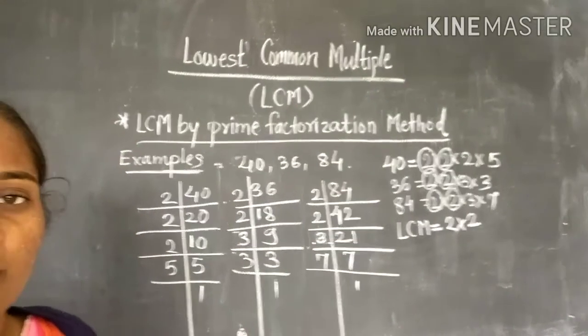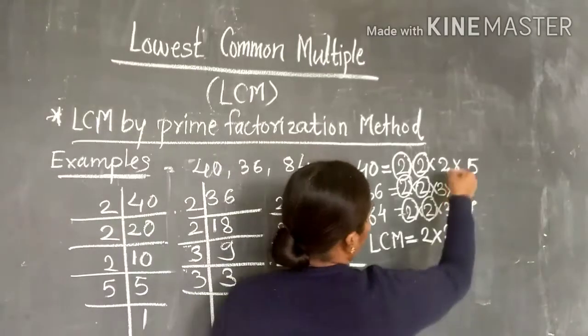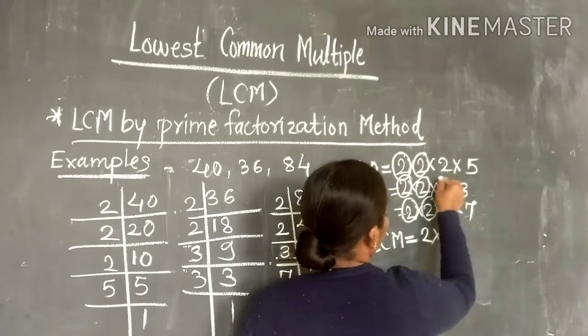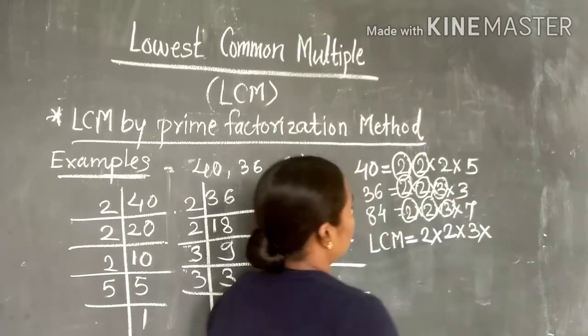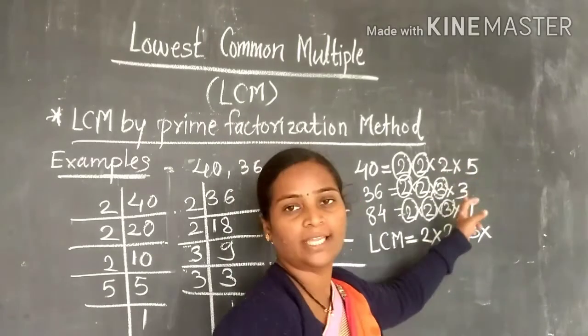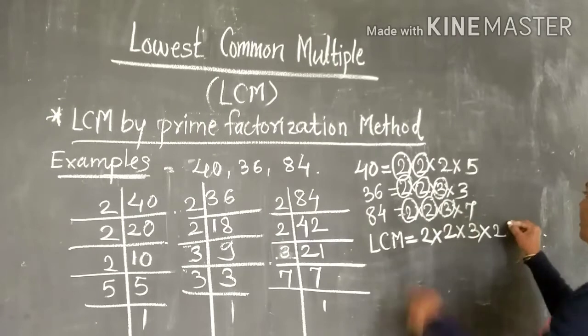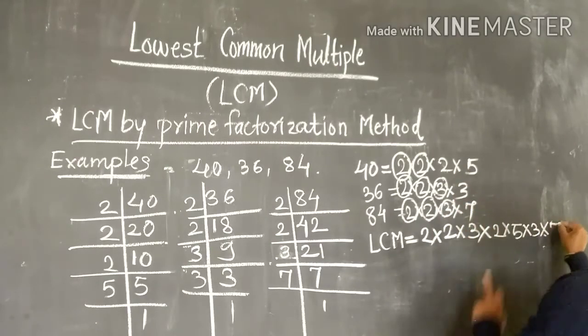Next, is there any common number? 3 and 3, these two are common, so write down 3. Now 2, 5, 3 and 7, there is no common number, so write those numbers as they are: 2 into 5 into 3 into 7.